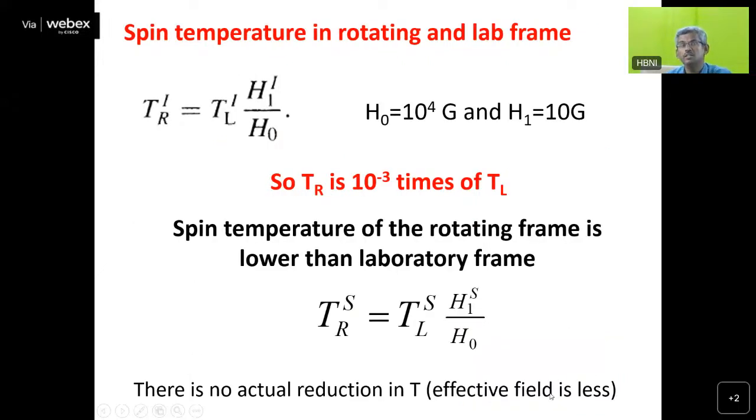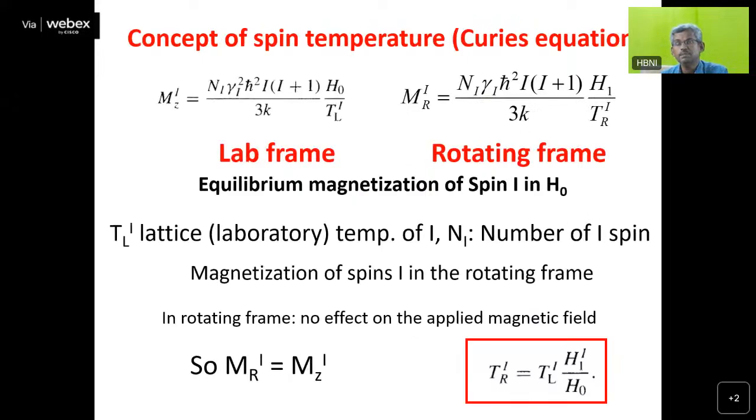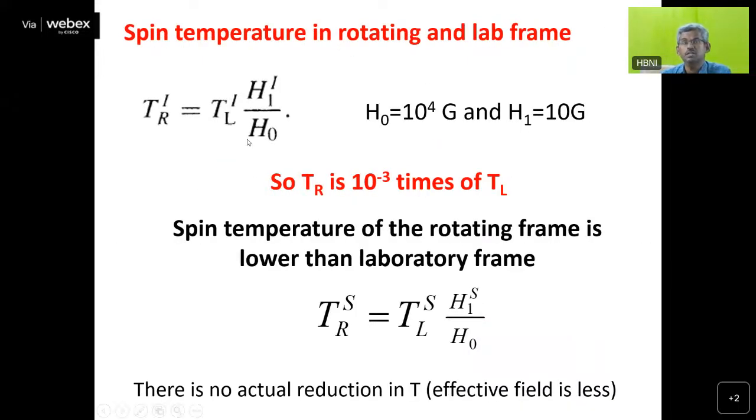Now if you go further, the same expression I have written here for the sake of continuity. H0, as I mentioned, is of a very high value, a few Tesla. So 1 Tesla is nothing but 10 raised to 4 gauss, whereas H1 will be nothing but 10 gauss.